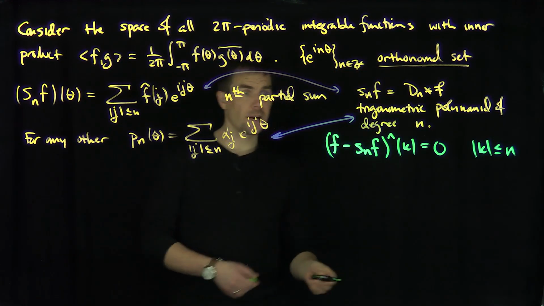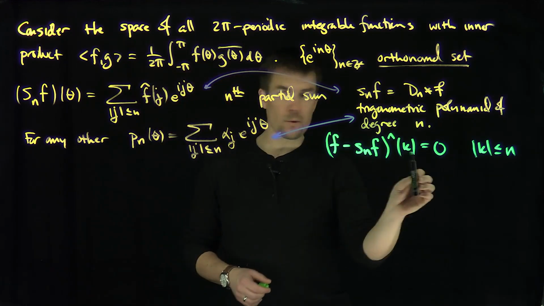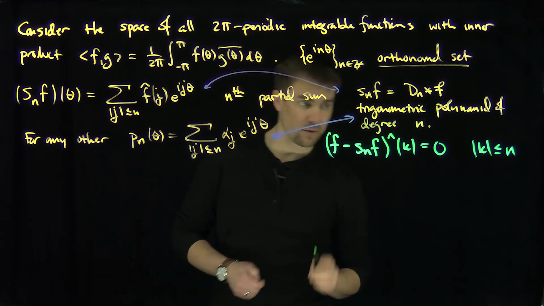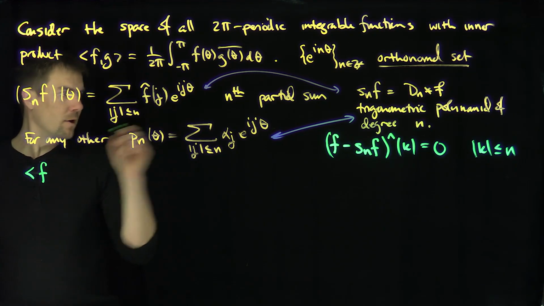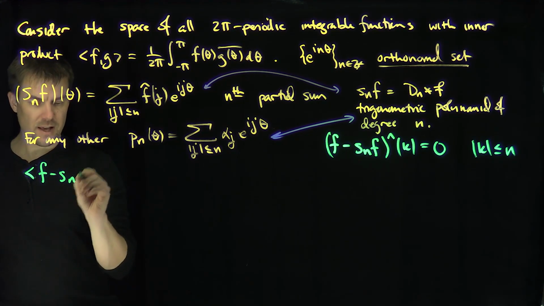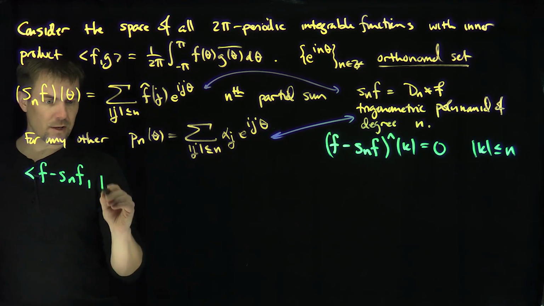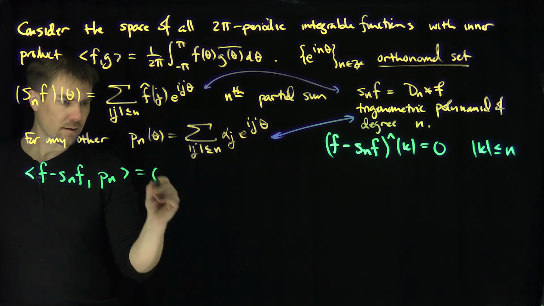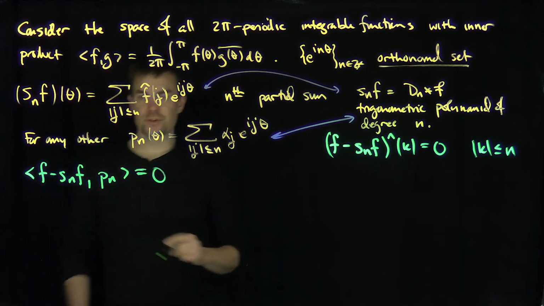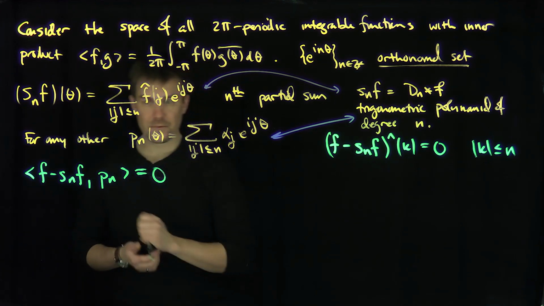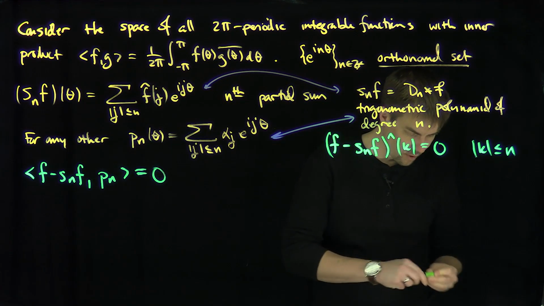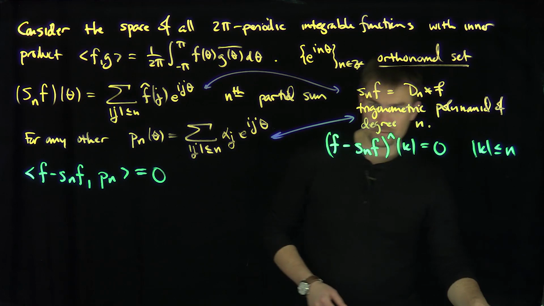In other words, this has no frequencies that match these frequencies over here. So these things are perpendicular to each other. That shows that f minus S n of f is perpendicular to P n for any of these coefficients alpha j, okay? And that's an important property because we're going to use this to show that we have the best approximation in the norm, right?